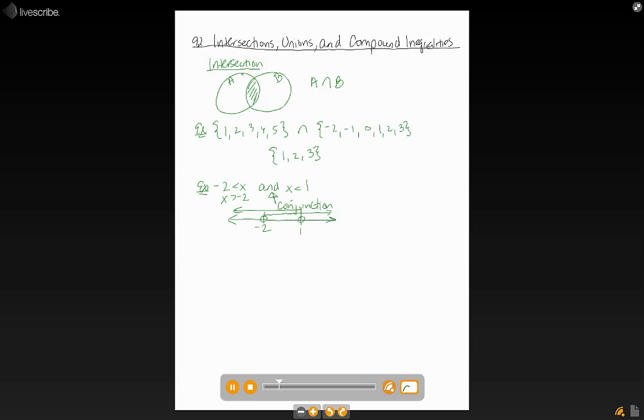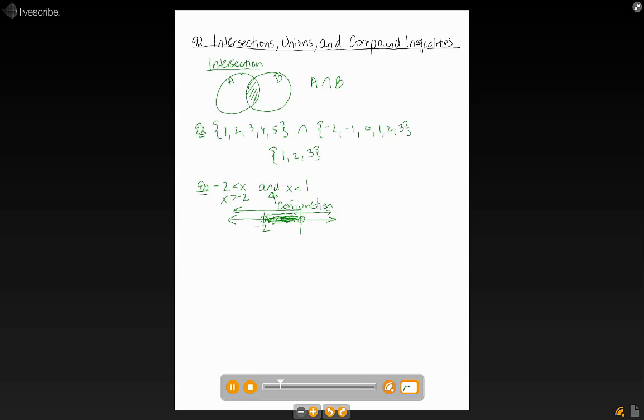Now which interval got shaded twice? The one on the left, the one in the middle, or the one on the right? Well, what's to the right of -2 and to the left of 1? Actually, this whole interval, right?